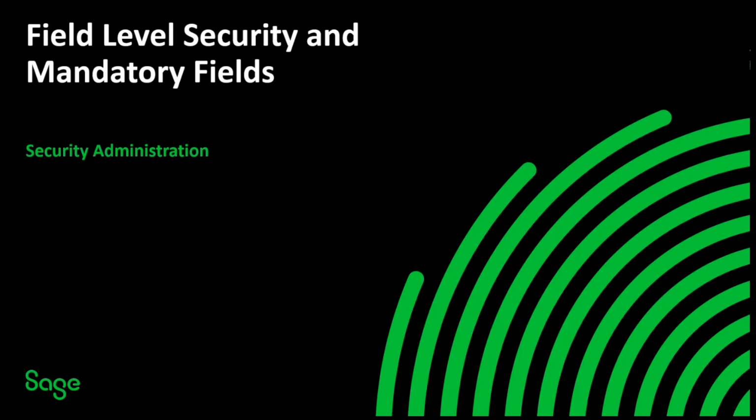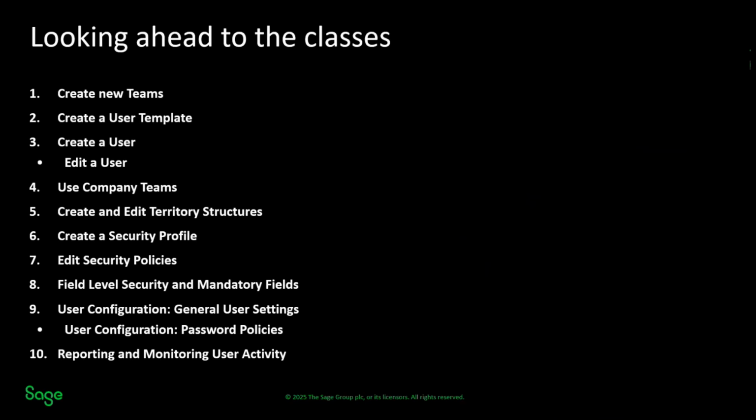security and required fields. It is, of course, continuing within the series of lessons that make up this system administration class, looking specifically at security administration within Sage CRM, and we are now on our 8th lesson.